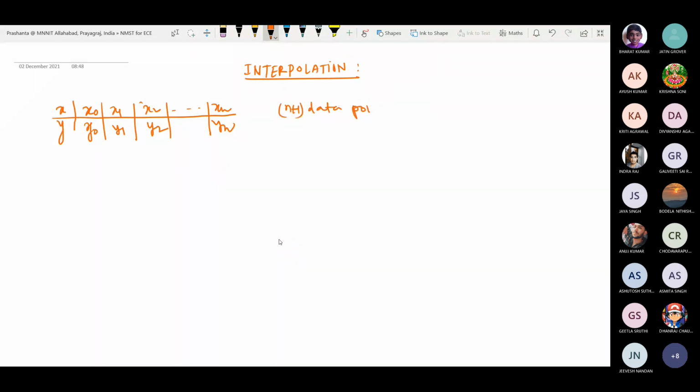So you do not know which relation the data points are following. Instead, you are obtaining the data points from some experiment. For example, you want to calculate the exact relationship between time and temperature today. You take a thermometer and find the temperature at different times of the day, for example at 8 a.m., 9 a.m., 10 a.m., and so on.